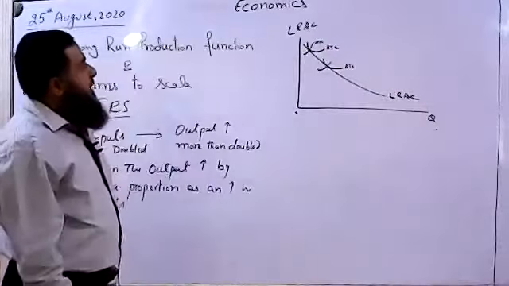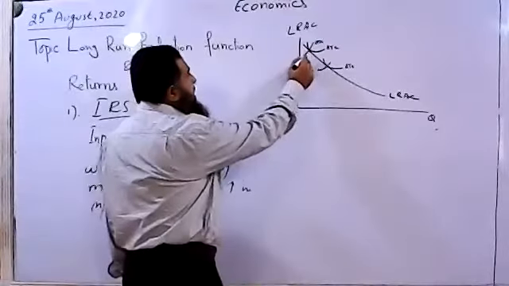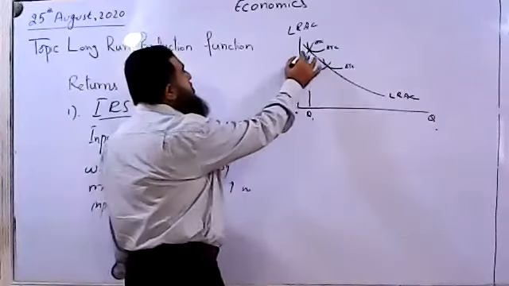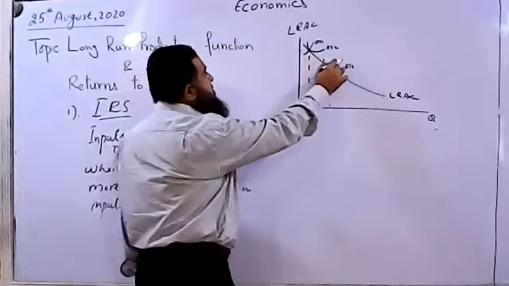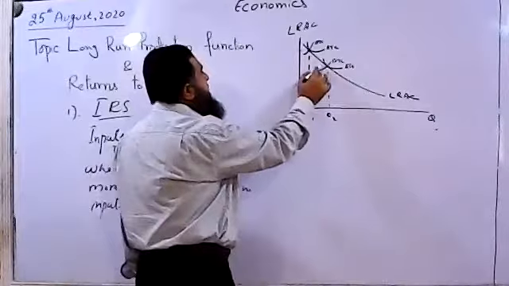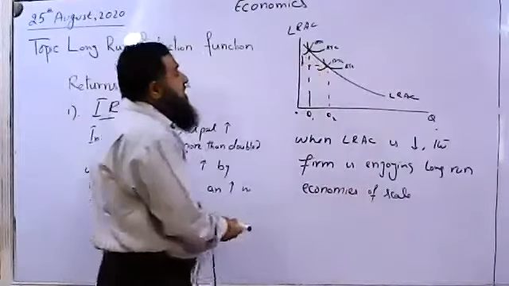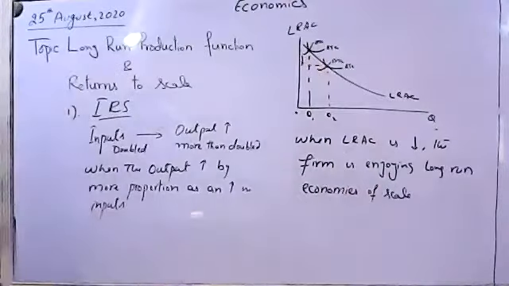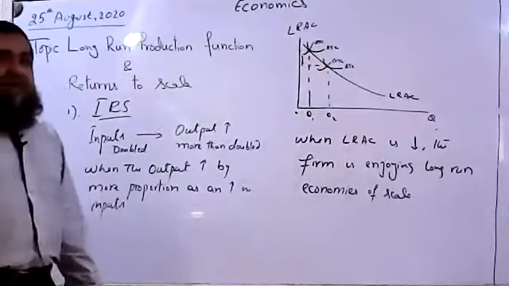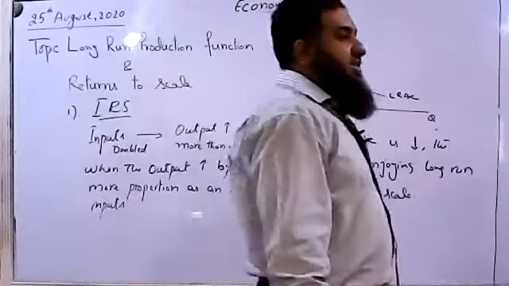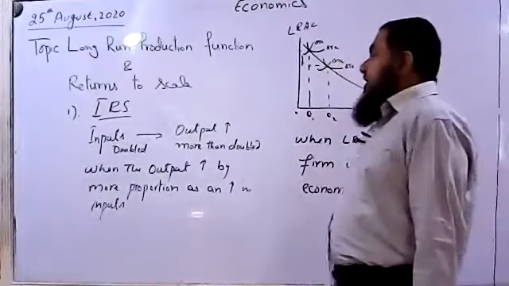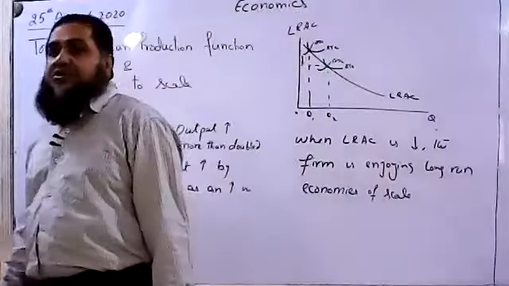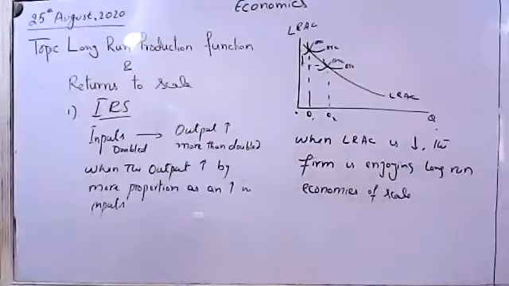So its long run per unit cost in year one, it was producing this level of output and its cost of production was this. In year two, it is producing this level of output, and its long run average cost of production is declining due to the changes in its inputs. Like inputs have been increased, but output has increased proportionately greater than the increase in inputs. So it will be enjoying the long run economies of scale.